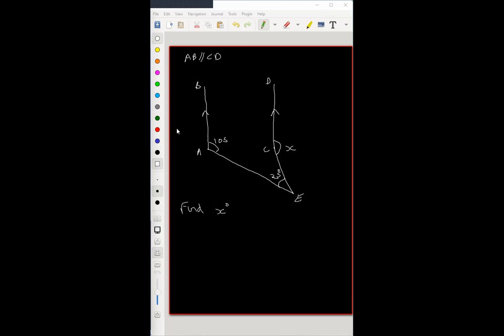Let everyone try. Copy this figure down, everyone. This is something like this over here. Remember, this is an angle here. This is CDE. It's not done properly here. It's an angle over there.